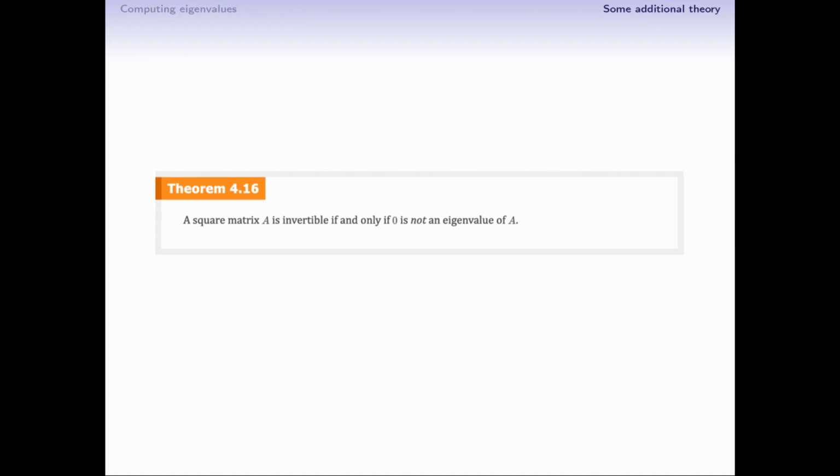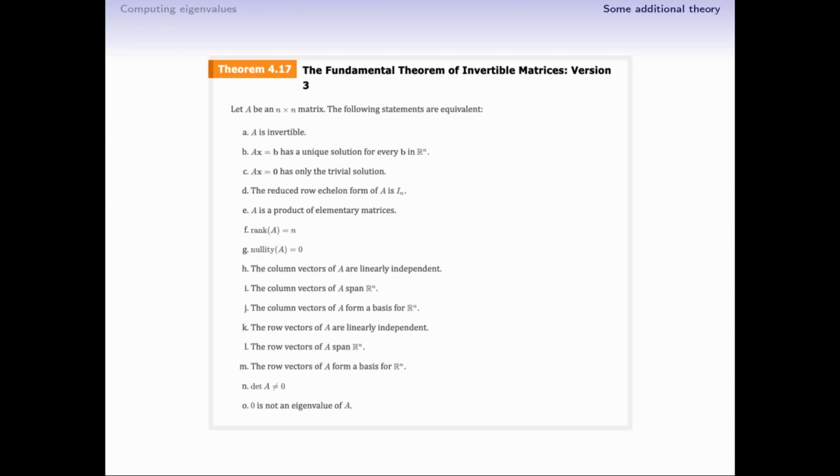A square matrix A is invertible if and only if 0 is not an eigenvalue of the matrix A. And if we look at theorem 4.17, this is just an extension of the fundamental theorem of invertible matrices, and they're calling this version 3. Now, we've already seen the equivalence of statements A through M at various times in this course. What we're doing here in version 3 is we're tacking on 2 final statements.